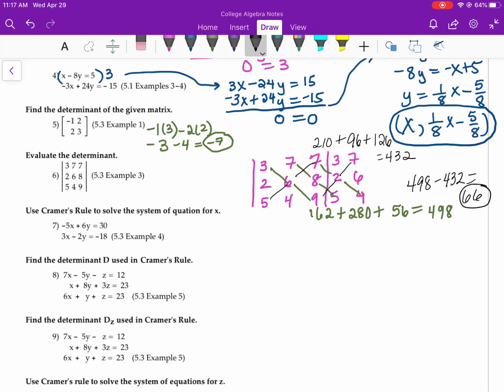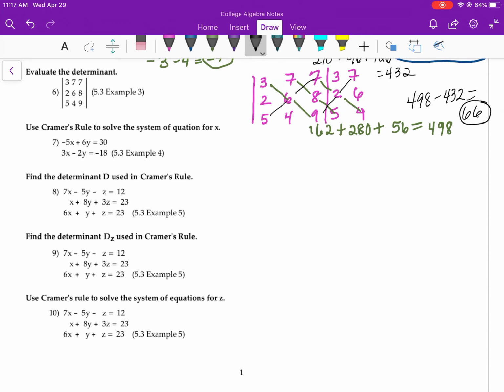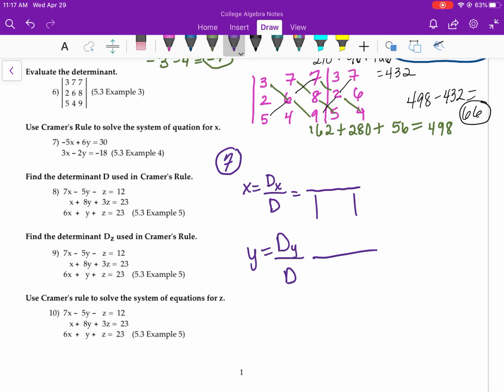Okay, number 7, Cramer's rule. So x is Dx over D. Y will be Dy over D. So I'm going to be setting up a determinant for each.